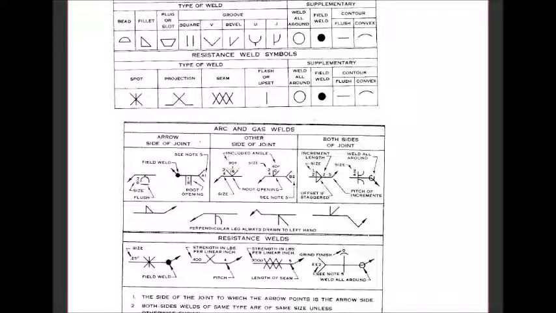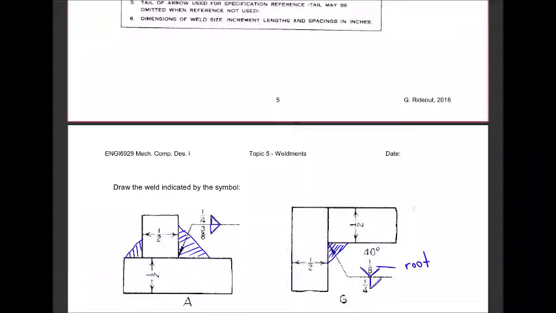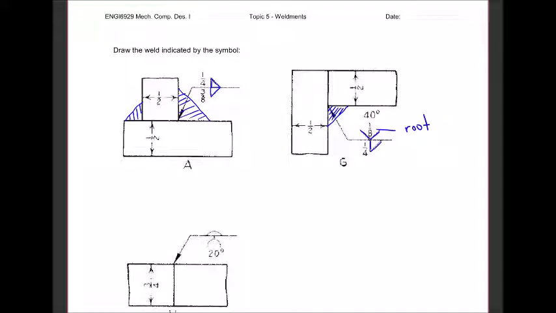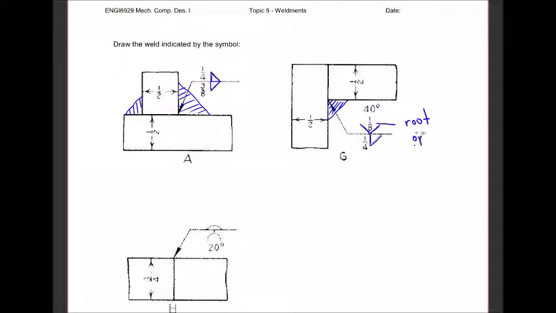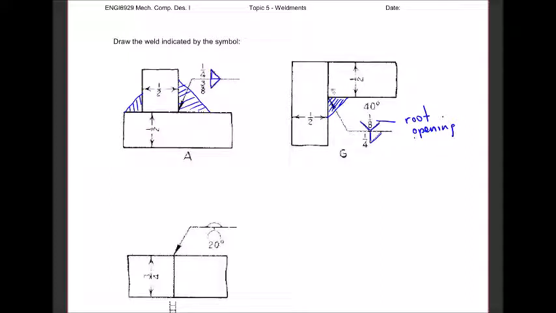So for the weld that we're trying to draw here, I've got a root opening of 1/8. Okay, so the root opening of 1/8, which means I need to have a 1/8 gap in here. Let's see, so about 1/4 of the width of the plate.